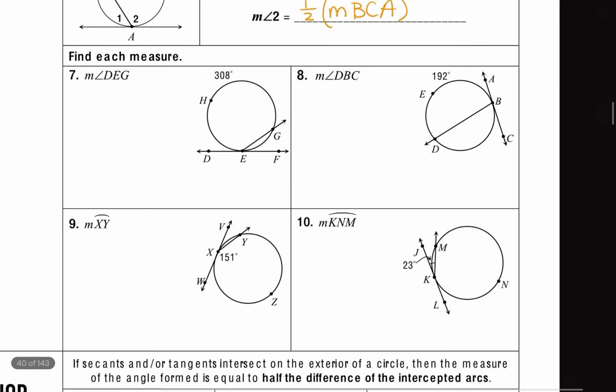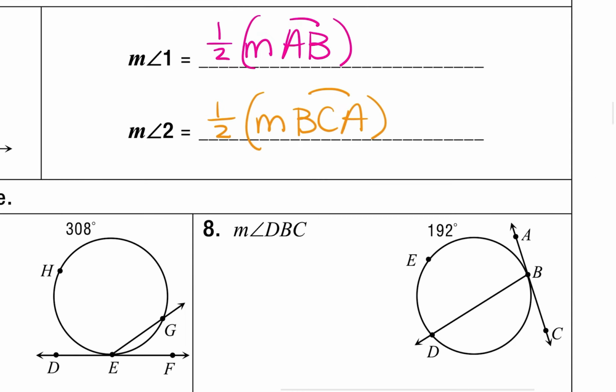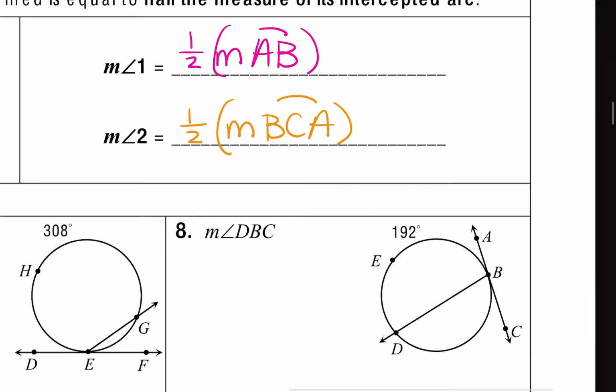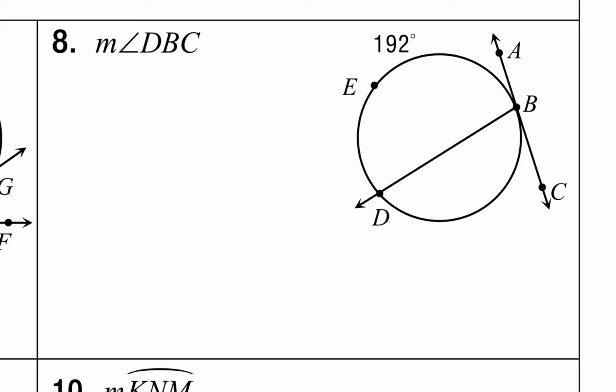All right, let's go ahead and try number 8 to see if you understand these equations that we just wrote. So first question here asks us to find the measurement of angle DBC. So I'm just going to highlight that angle. That is this angle here, DBC.